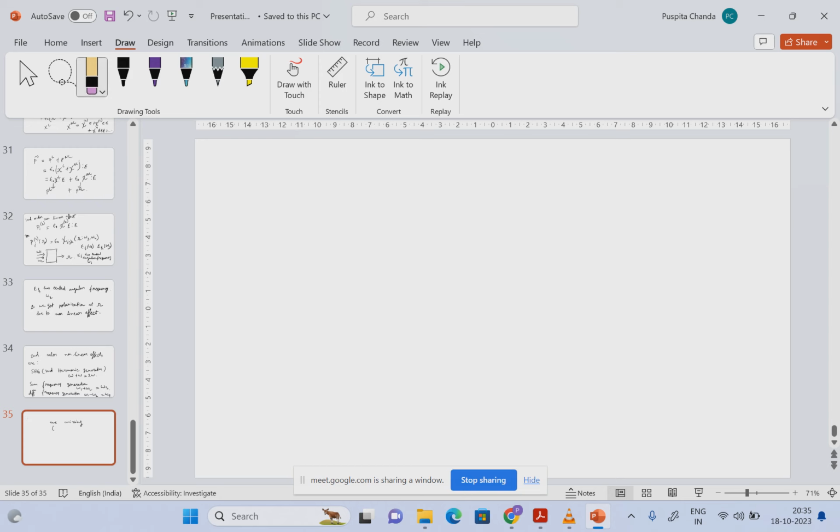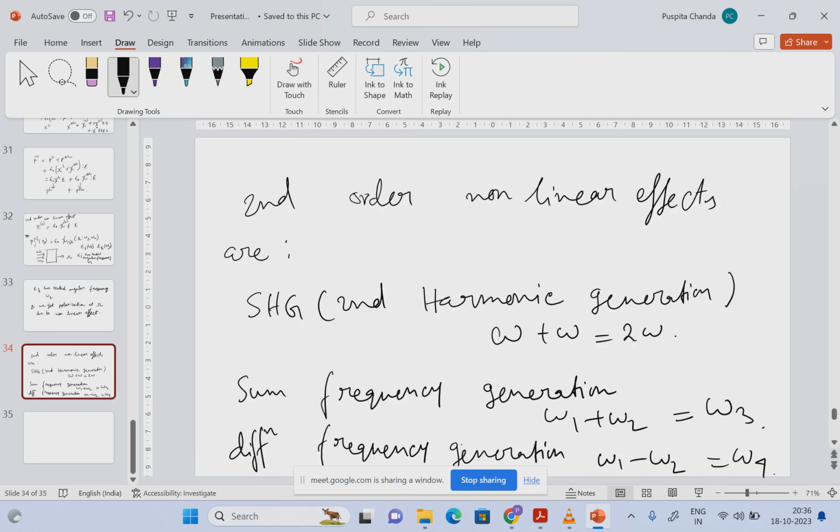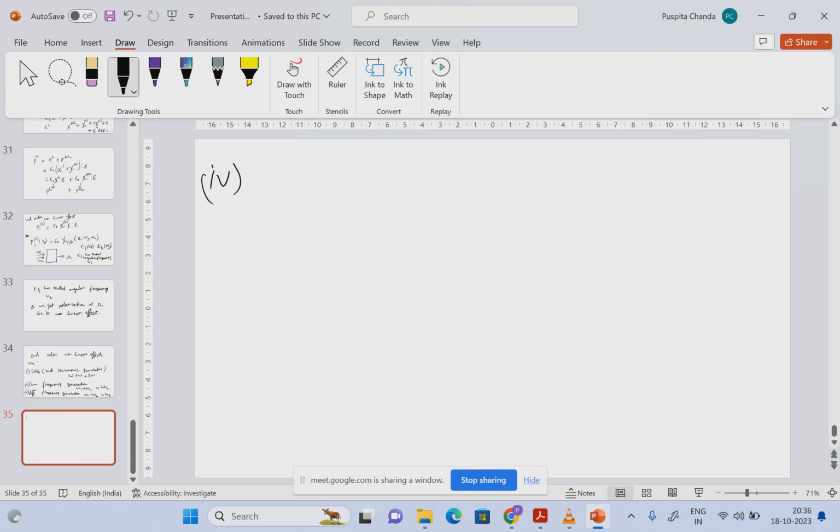Okay. Parametric up conversion, that you get a higher frequency and lower frequency.